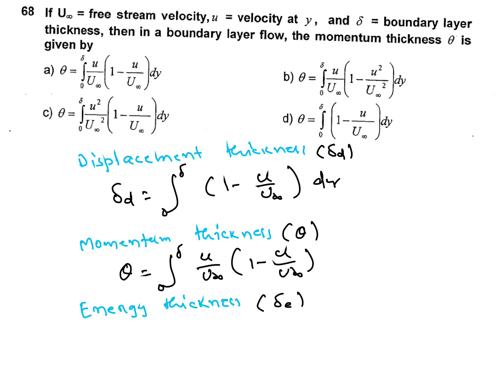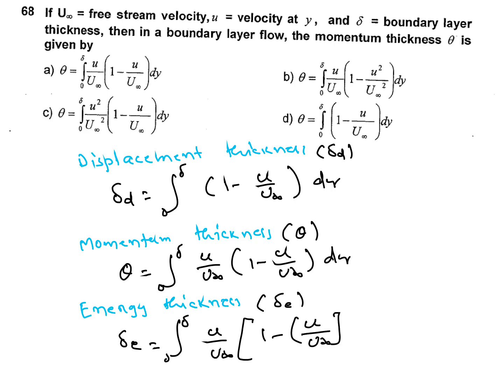For energy thickness, integral 0 to delta of u by u infinity into 1 minus u by u infinity whole squared dy.